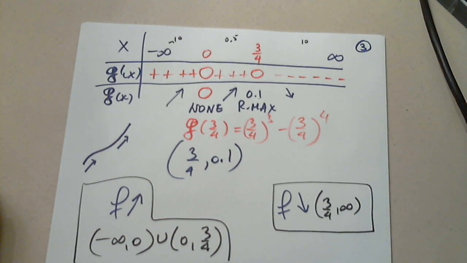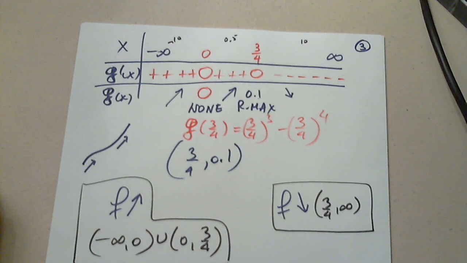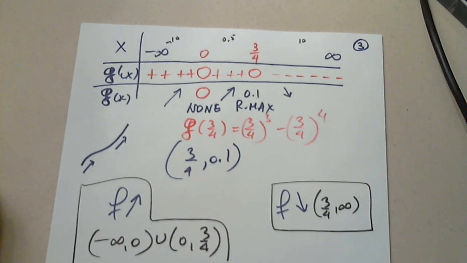G of x has a positive derivative, so G prime is positive between -infinity and -3, union 0 to 3. Okay, fine. A negative derivative, so G prime of x is less than 0 on -3 to 0, union 3 to infinity.